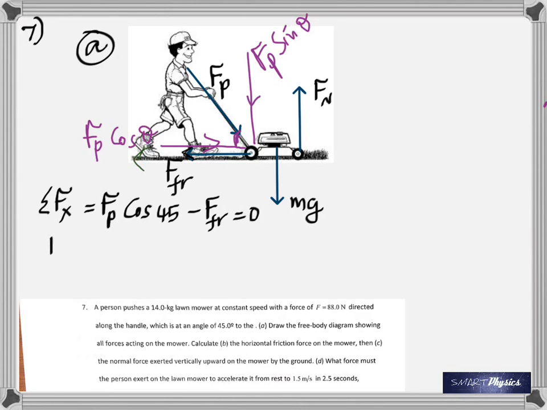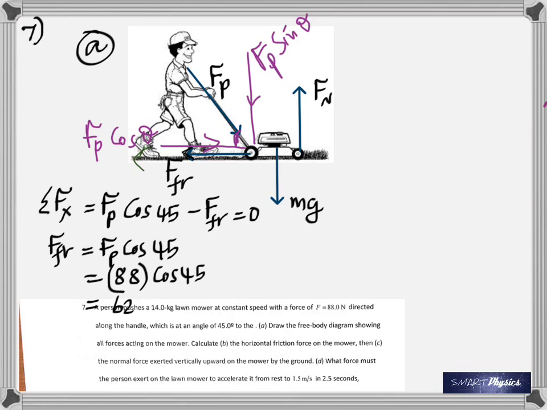Again, it is 0 because he's moving it at constant speed. Therefore, friction, you rearrange that, is Fp cos 45, which is 62.2 newtons.